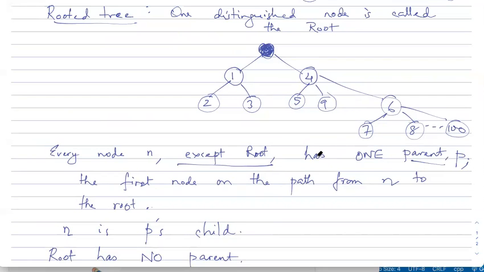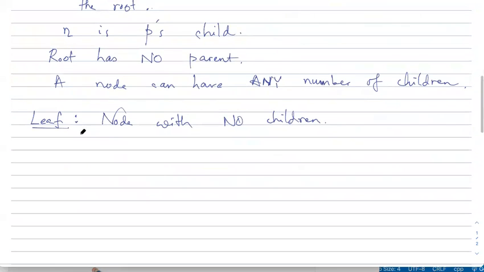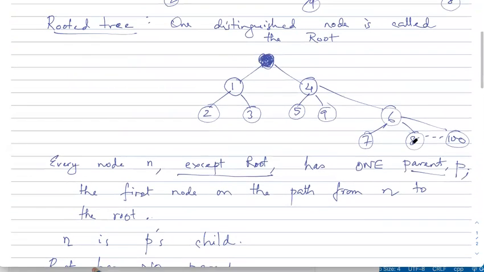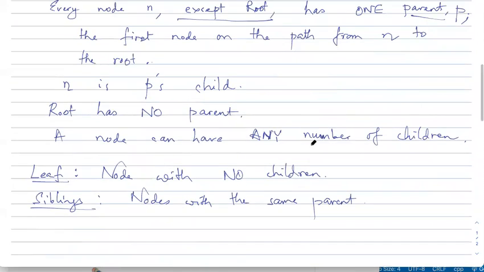Which node does not have any children? 2. Yep. Then siblings. Siblings are nodes with the same parent. So here, which nodes are considered siblings? 2, 3. Exactly, very good.